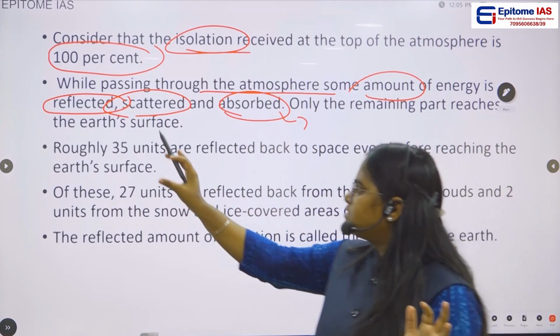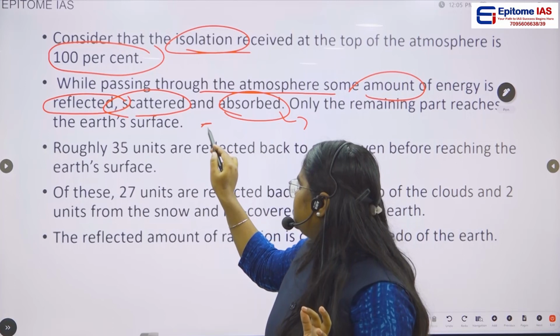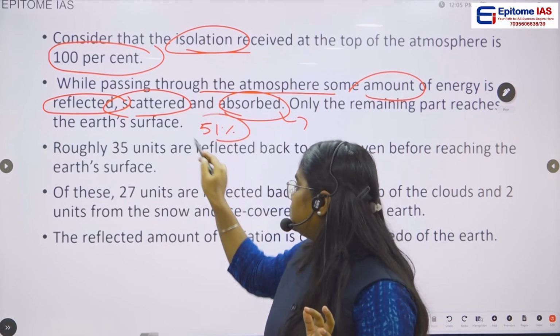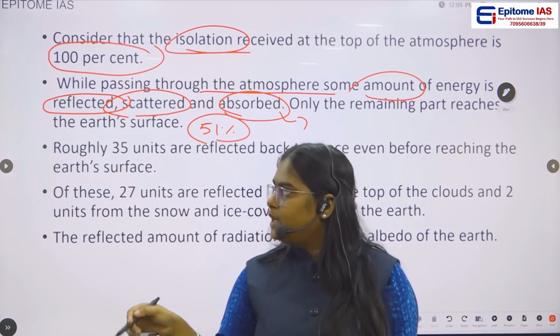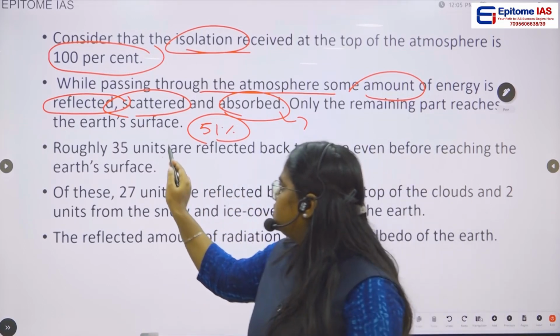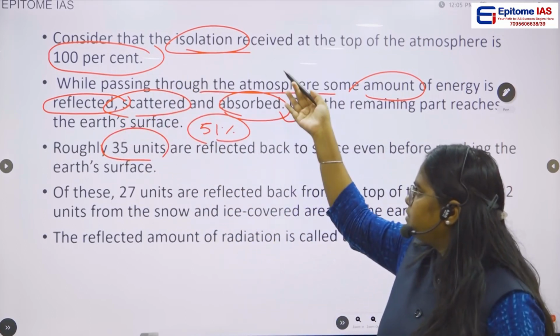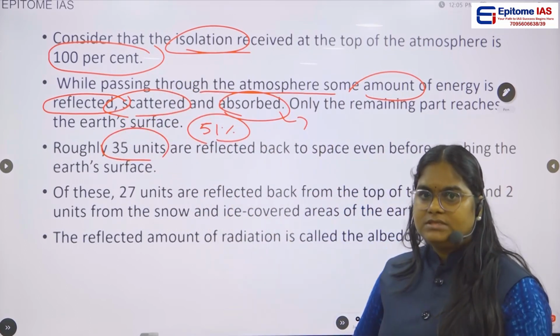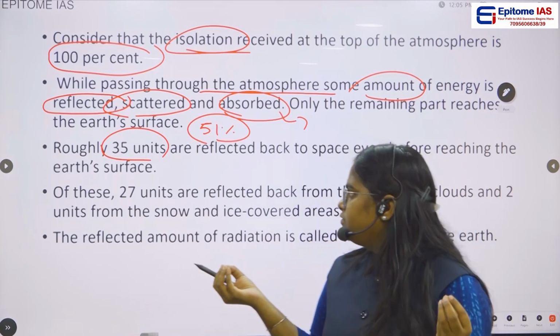After all this reflecting back, scattering and absorption, only 51 percentage of the solar radiation reaches the Earth's surface. Roughly, they have given the figures for how much is reflected back, how much is scattered, how much is absorbed. No need to remember these numbers, these figures.